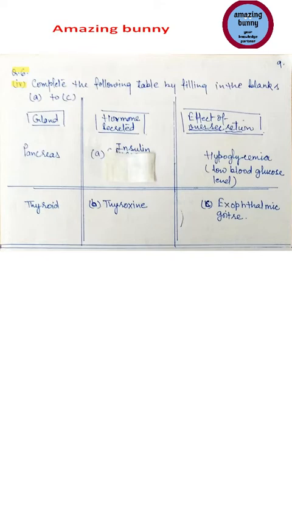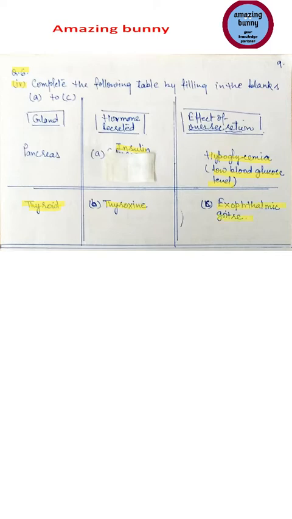So we know that pancreas secretes insulin and other hormones also, but hypoglycemia is the result of over secretion of insulin. Now the second gland is given, thyroid gland, and there are two blanks, that is the hormone secreted and effect of over secretion. So over secretion of thyroxine results in exophthalmic goiter.